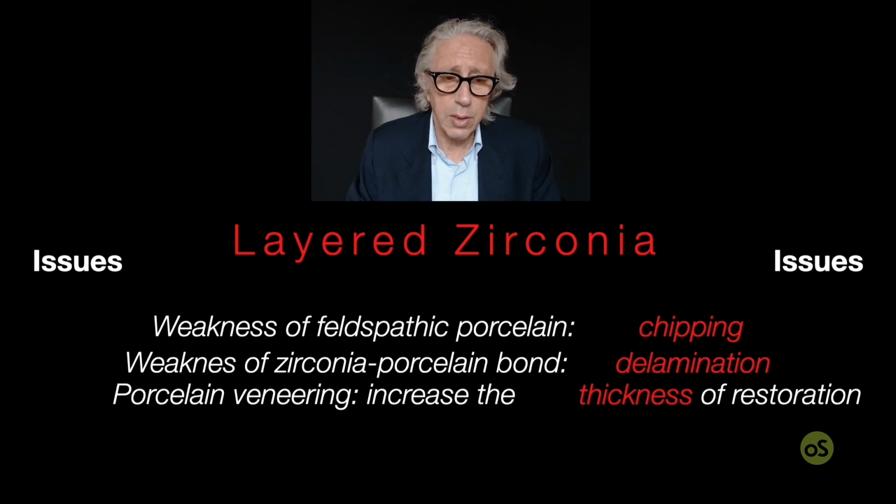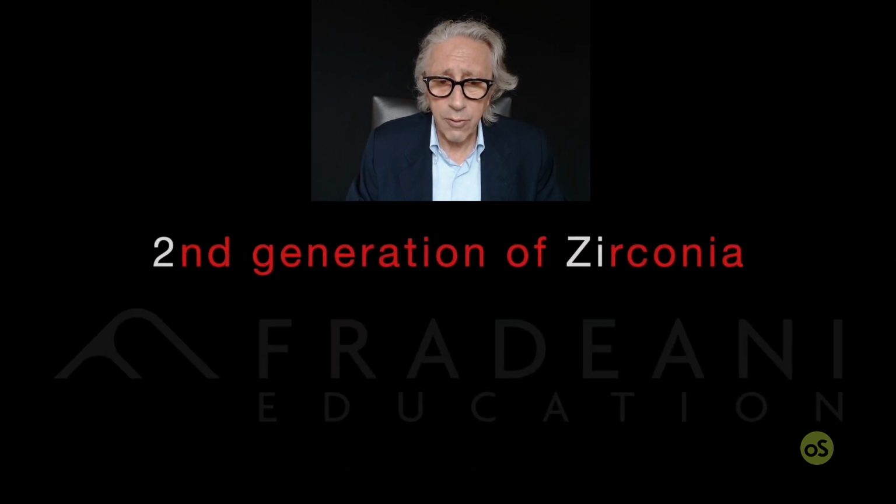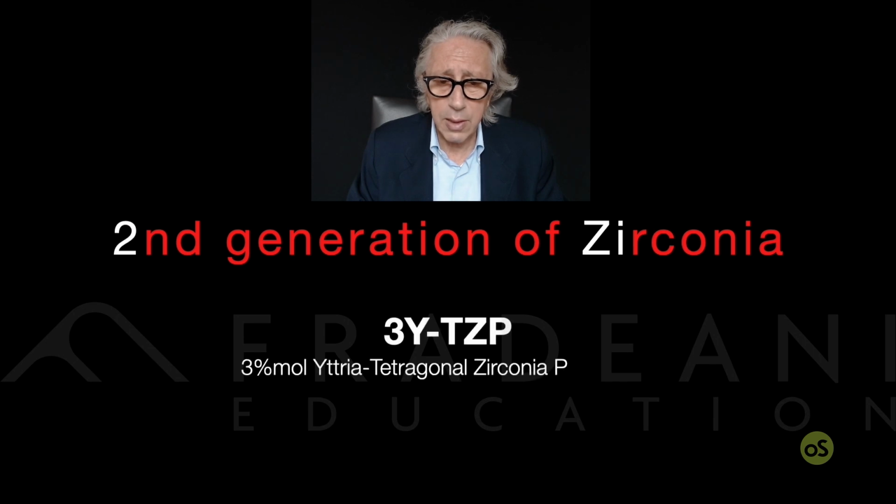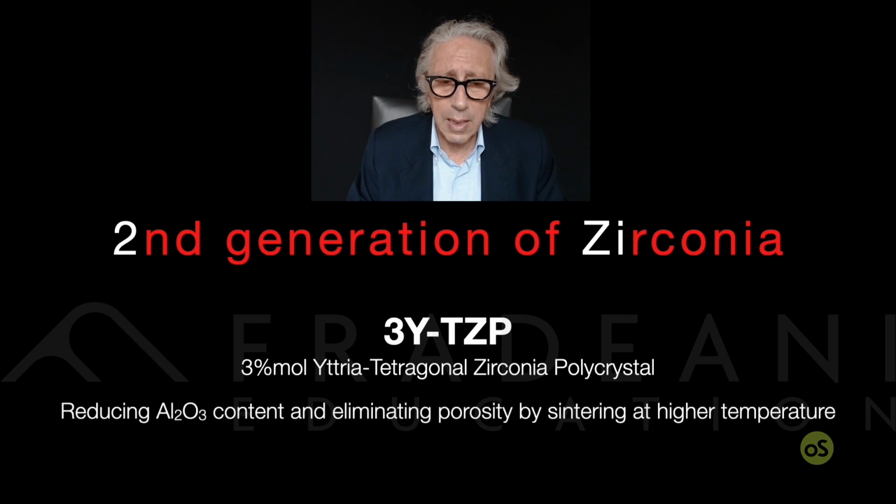So that is the reason why the companies that produce zirconia have started to develop new kinds of material. For example, the second generation of zirconia that is still 3 molecules of yttria, but at the same time they decrease the quantity and the content of alumina.